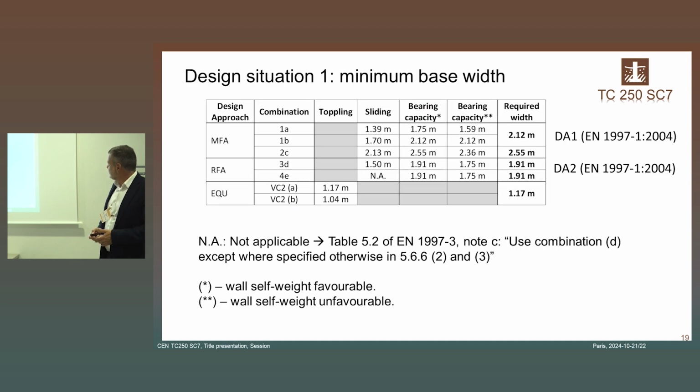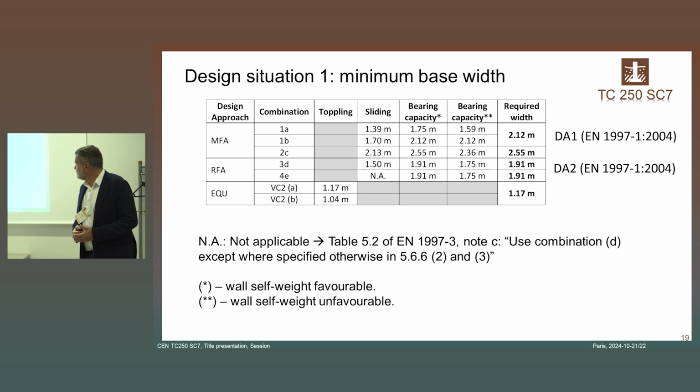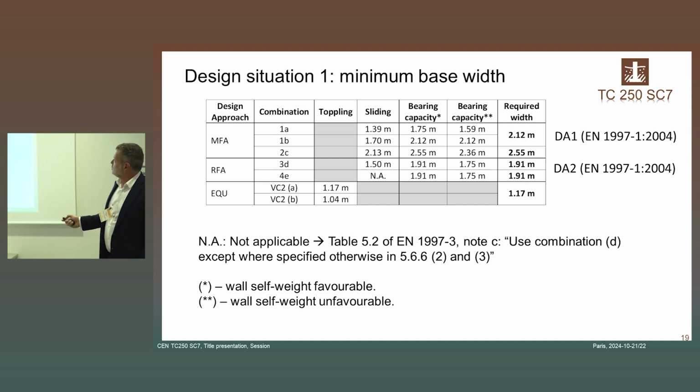And these are the final results in the form of a table. For design situation 1, where we have a dry backfill, as we said before, we have a double calculation on the bearing capacity, because the wall self-weight can be favorable or unfavorable.